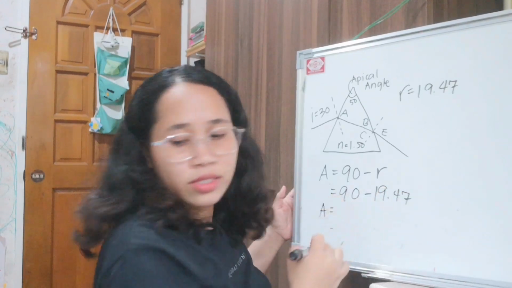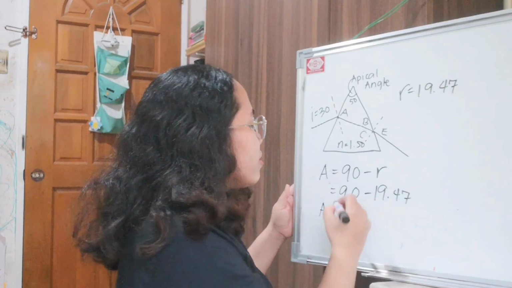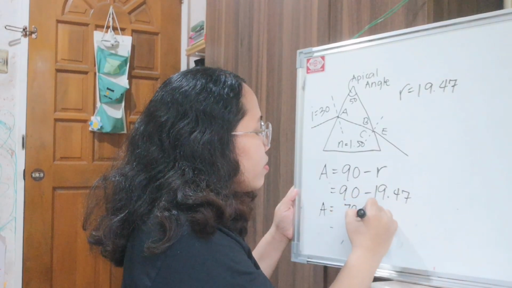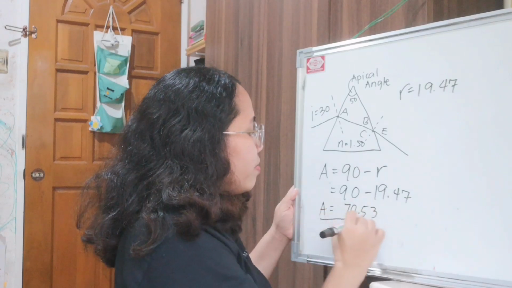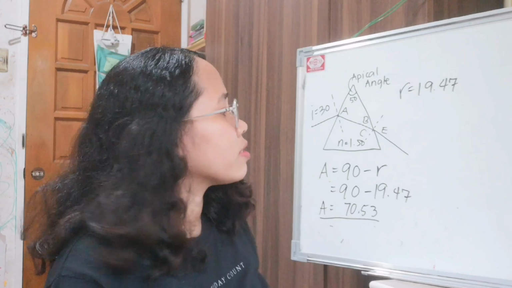So A equals 70.53. That's our A. We're not yet there in the angle of emergence.